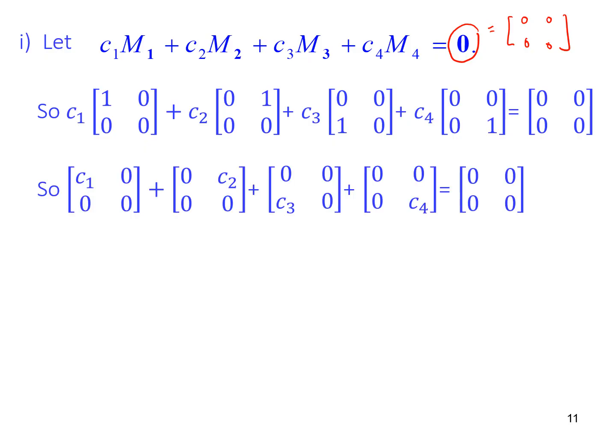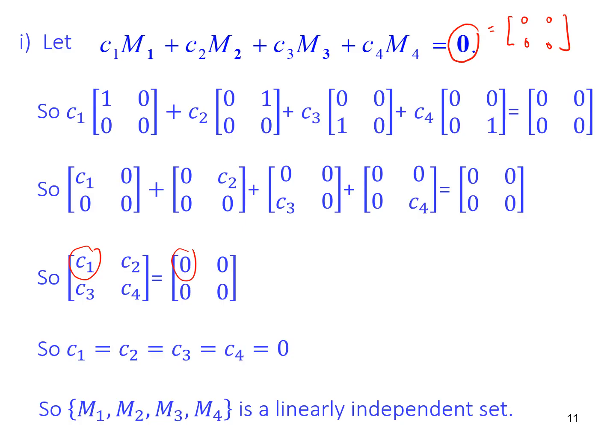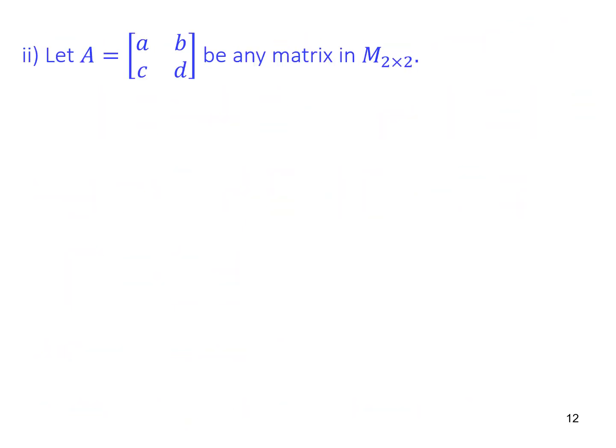We simplify this equation and compare the left hand side with the right hand side, and we find that C1 is equal to 0, and so on, where all scalars C1, C2, C3, and C4 are 0, and there is no other solution. There are no other values for these scalars, and therefore the set M1, M2, M3, and M4 is linearly independent.